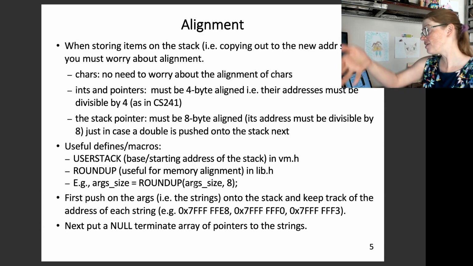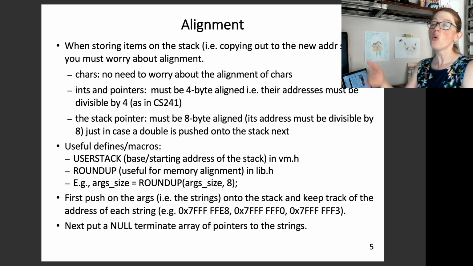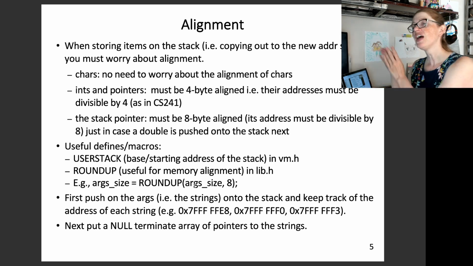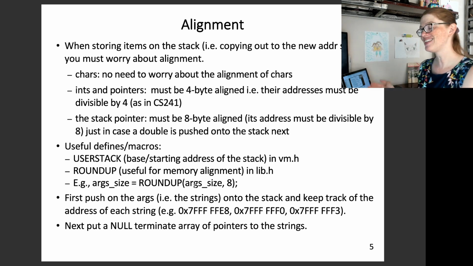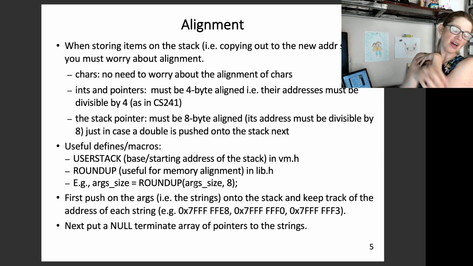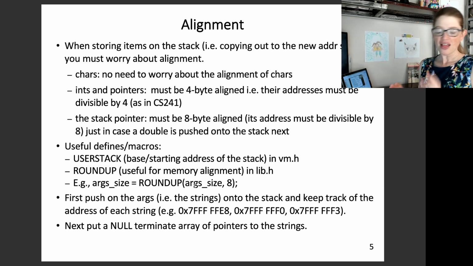So that's copying the arguments into the kernel. Once you have them into the kernel and you've set up the new address space, then you need to pass the arguments to the new program through its stack. And it's really important how you put those arguments onto the stack. So you can't just haphazardly throw everything on it and say, there you go, go at it.